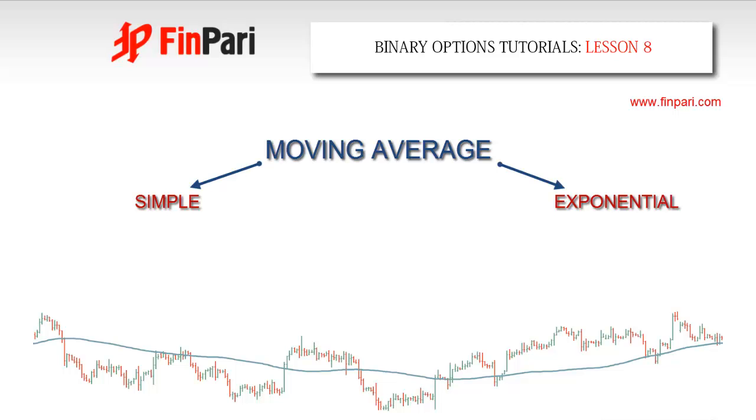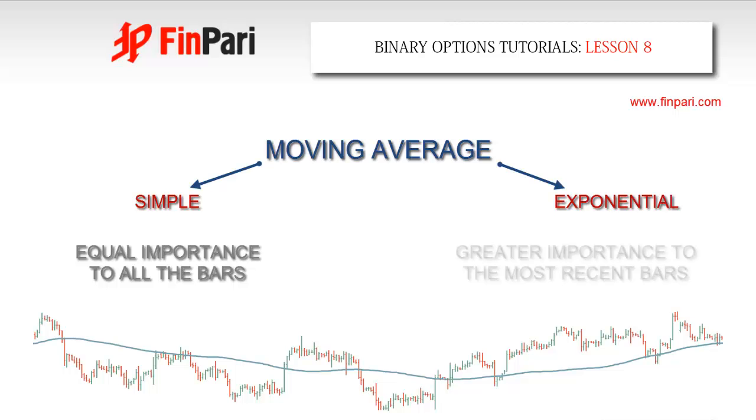Simple moving average gives equal importance to all the bars, candles, either the first or the last. Exponential moving average gives more importance to the latest data, causing it to respond more clearly to recent changes in the market. You choose the right one for yourself, but I prefer EMA.